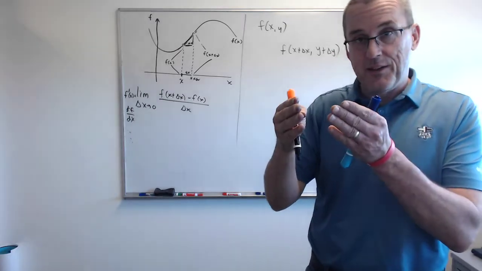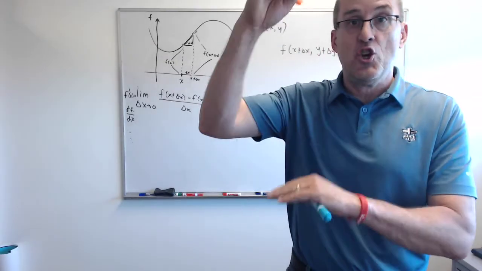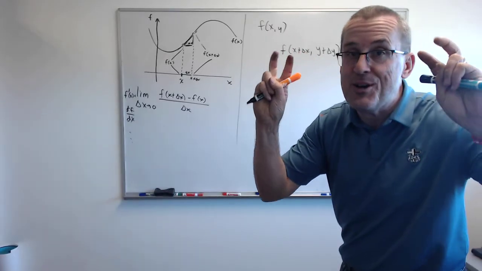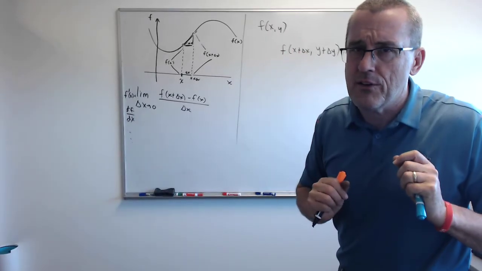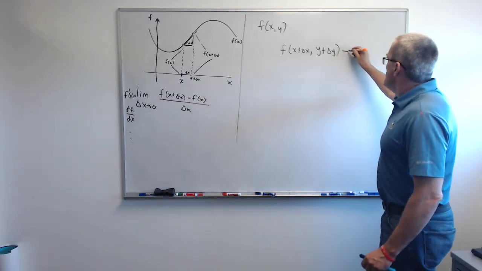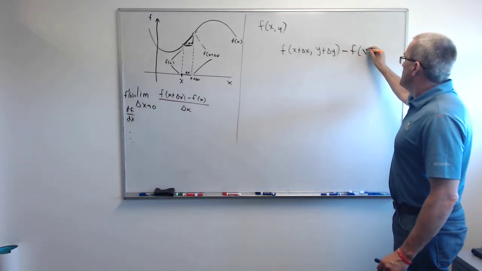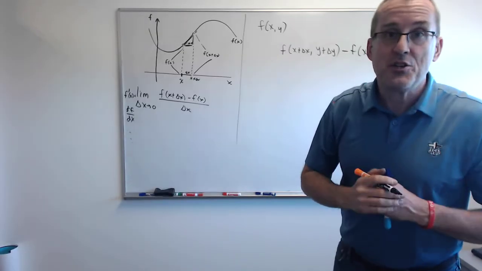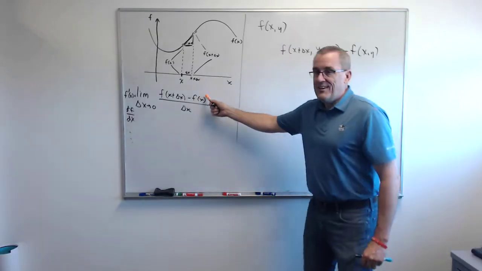If we change x by a little bit and y by a little bit, we get a new output, a new function value, a new z value, if you will, but be flexible on all your letter names, right? A new output value. Take that new output value and compare it to the original one just to see by how much our outputs changed, just like over here.